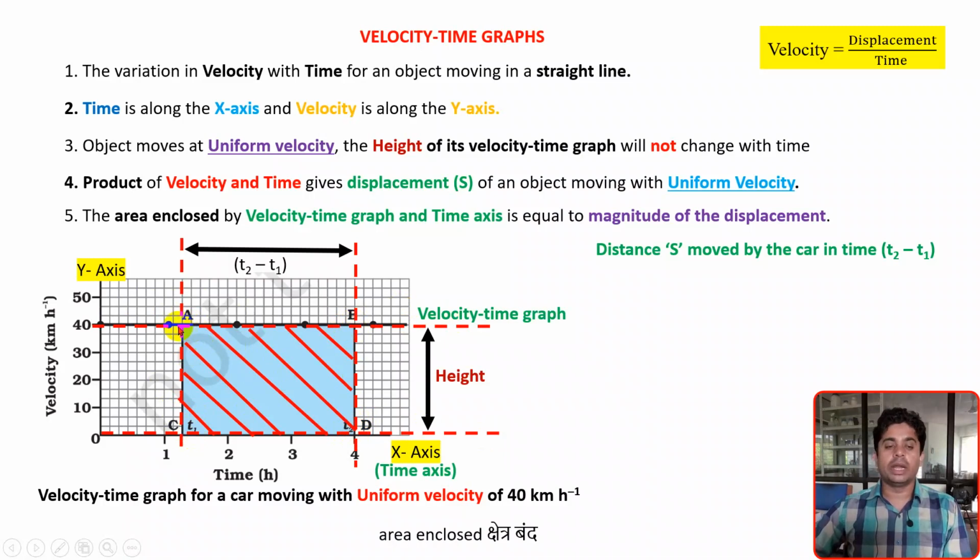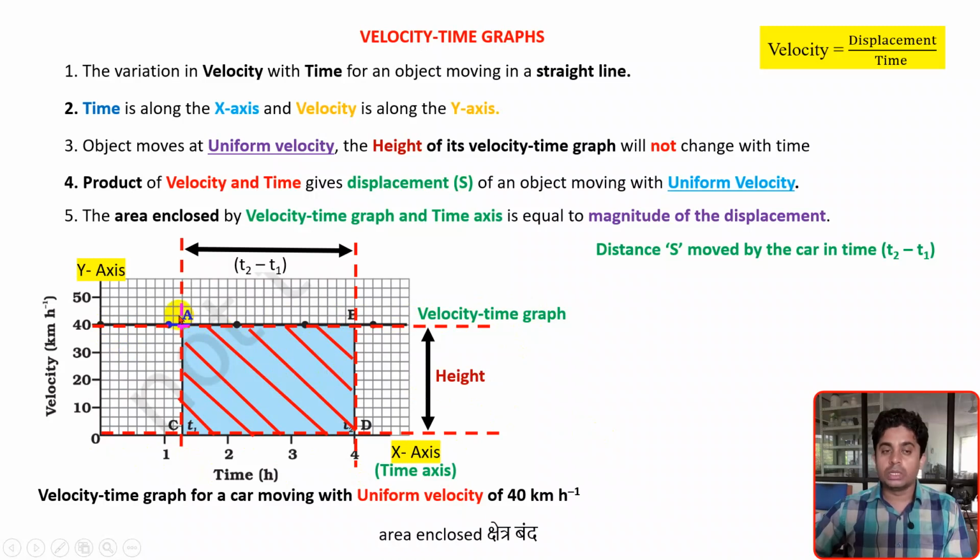So now we have the rectangular area ABCD. This rectangular area is below the velocity time graph, between the graph and the time axis.